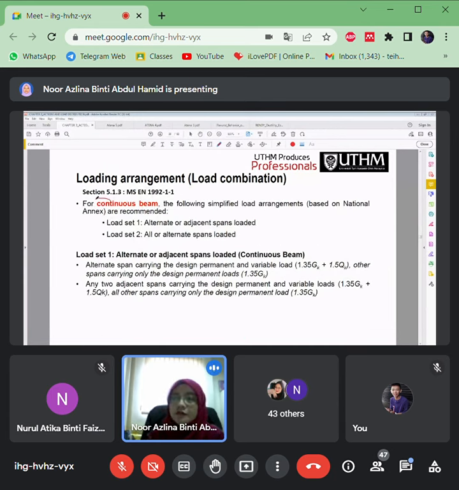Okay, but for a continuous beam, as the name says, it means it will have more than one span. It can be 2 spans, it can be 3 spans, as long as it's more than one span, it is considered a continuous beam. Simply supported is quite simple in order to produce the bending and shear.